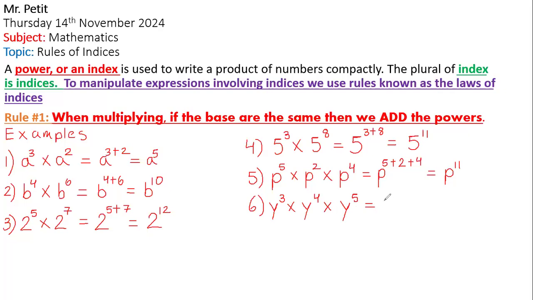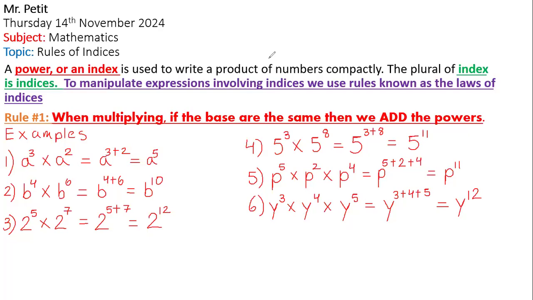It's y to the power of 12: 3 plus 4 plus 5 gives you 12. So this is the first rule: if the bases are the same and you're multiplying, then we add the powers.